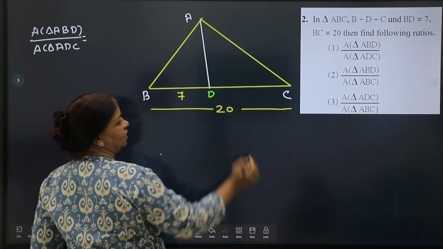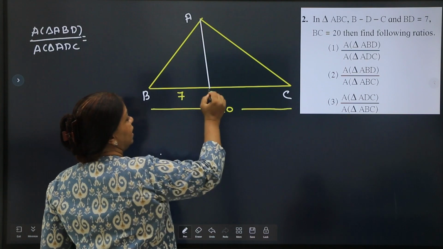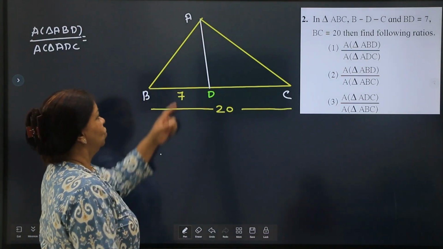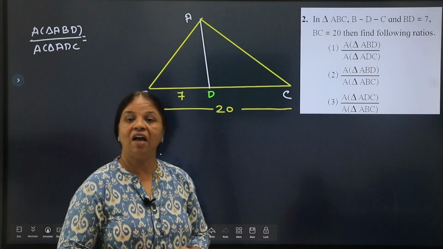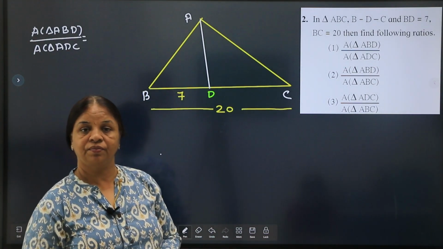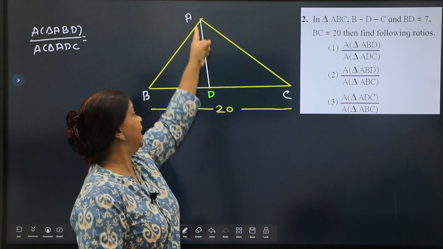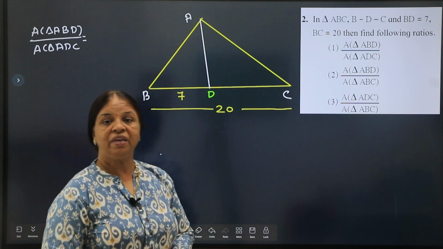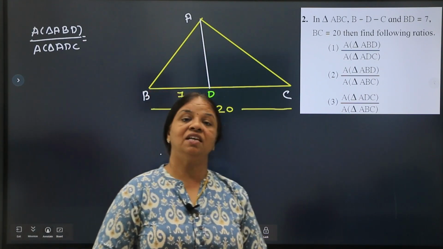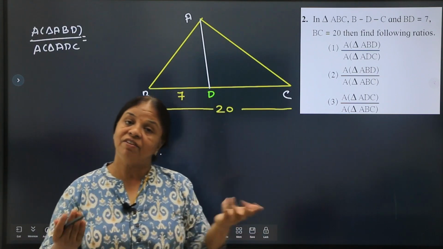ABD is this triangle, another is ADC. So both triangles have a common vertex, children. A is the common vertex for ABD and also ADC. That means if both triangles have a common vertex, their height will be the same.